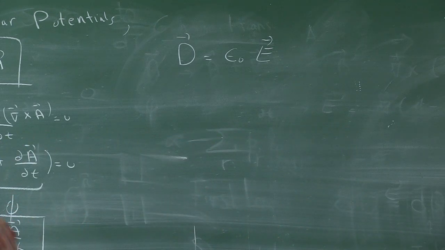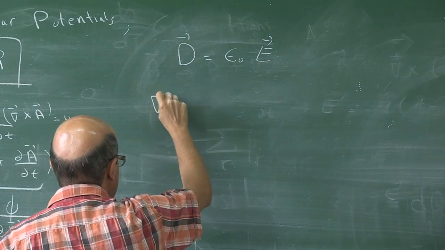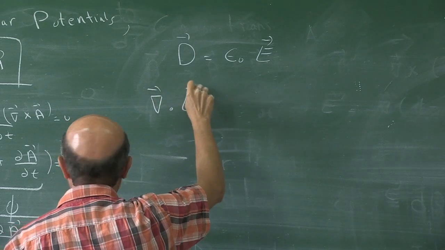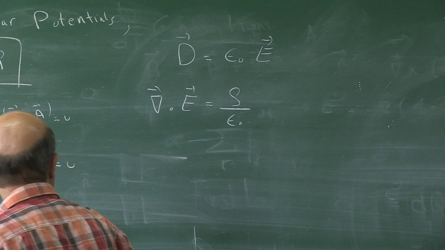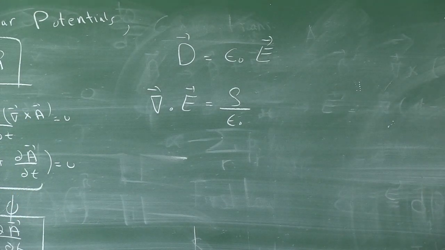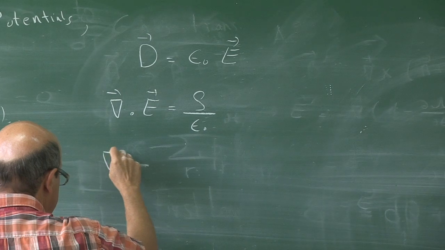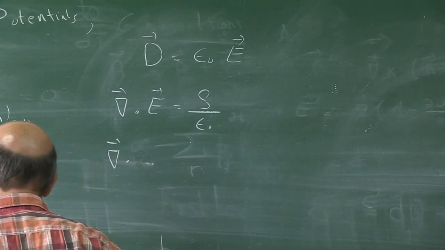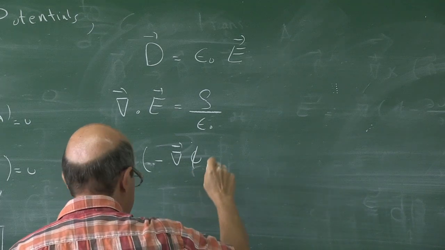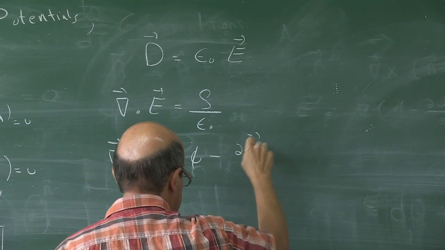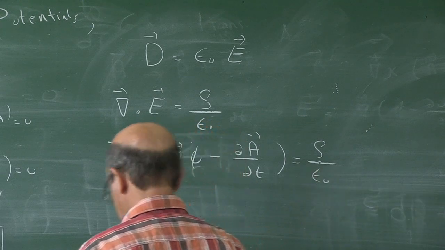If you pick the first Maxwell's equation, that becomes del dot E is equal to charge density over epsilon 0. And I know the electric field, so this is the divergence of minus gradient of V minus del A over del T is equal to rho over epsilon 0.